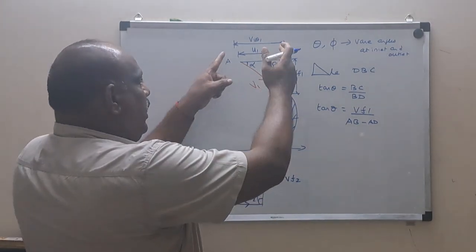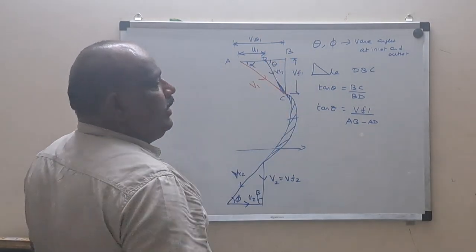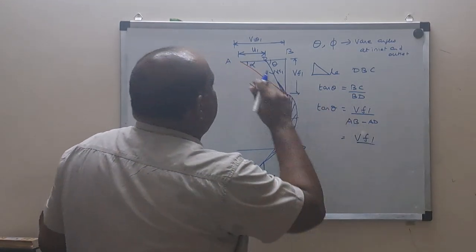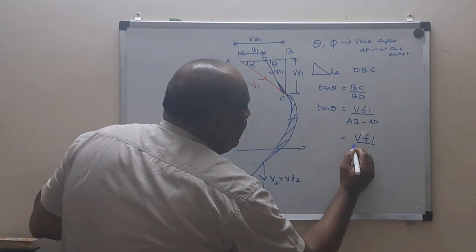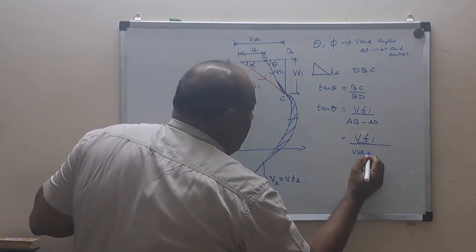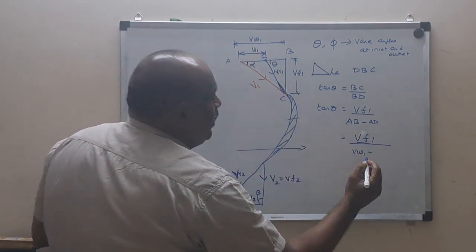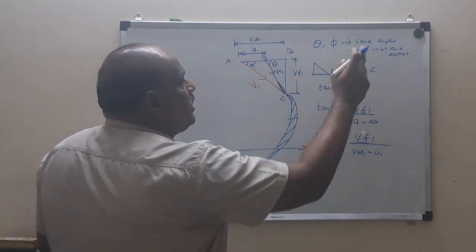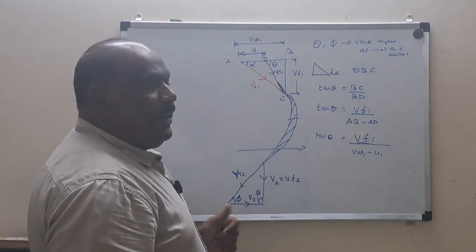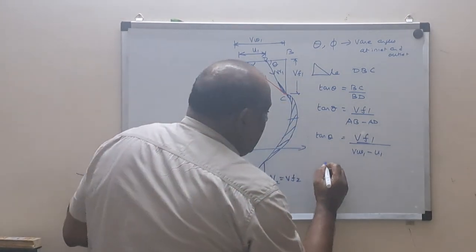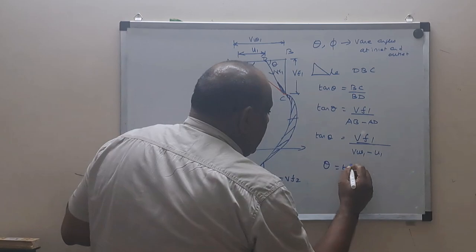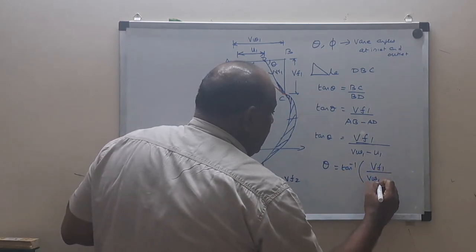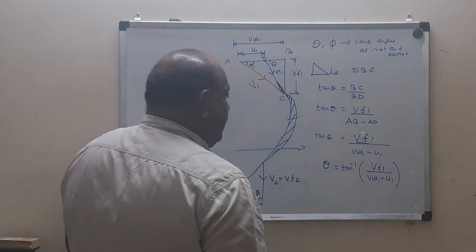AB is VW1 and AD is nothing but U1. What is theta? Theta is the vane angle at inlet. What is phi? The vane angle at outlet. So theta will be equal to tan inverse of VF1 by (VW1 minus U1).